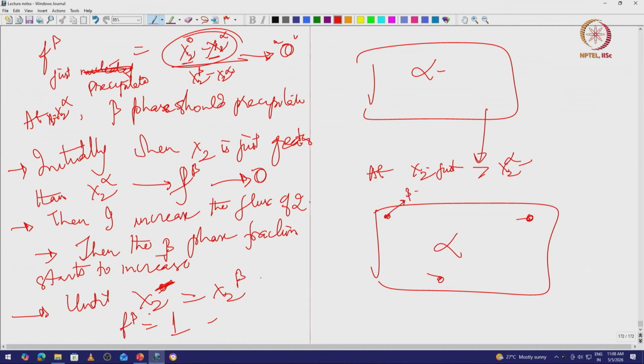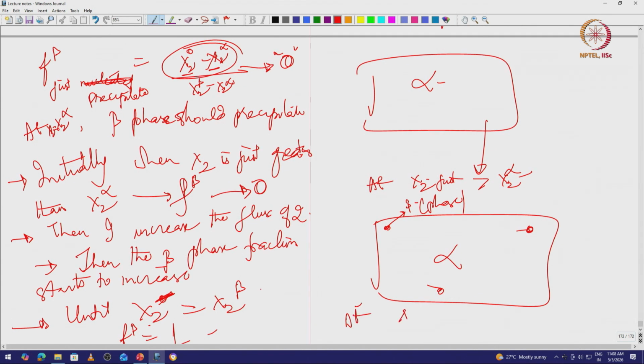So this is beta phase, a very small quantity, almost 0 compared to the alpha phase. And at x2 somewhere in the midpoint between x2 alpha and x2 beta, I will have alpha and some beta here, some beta here.